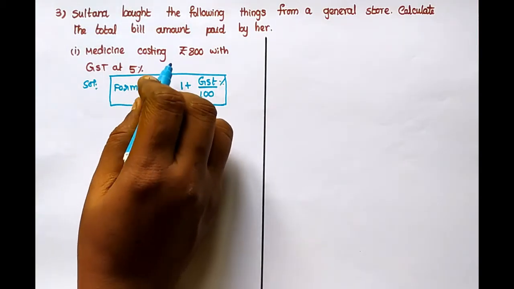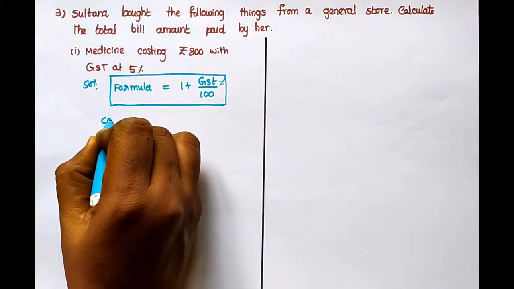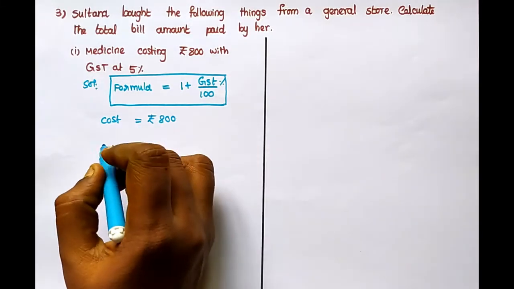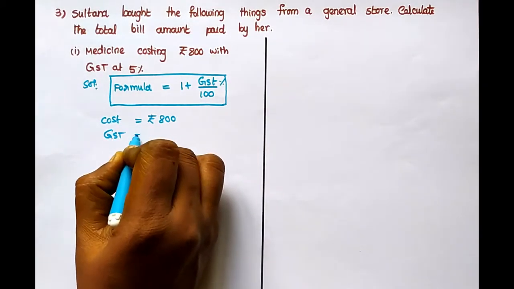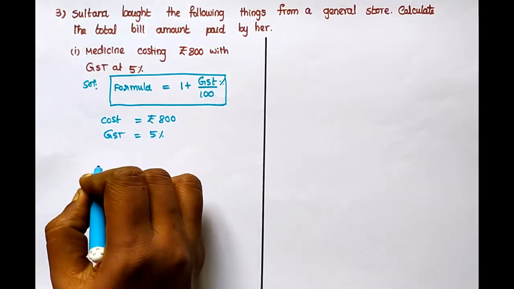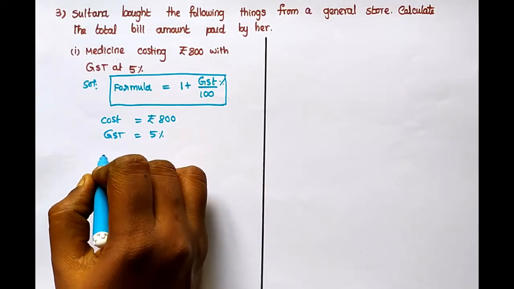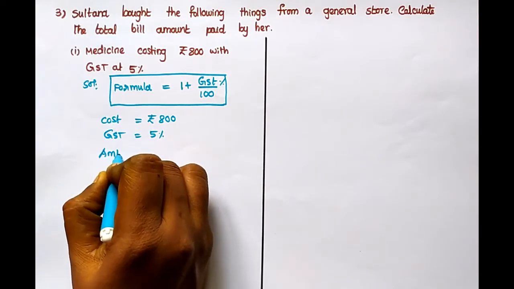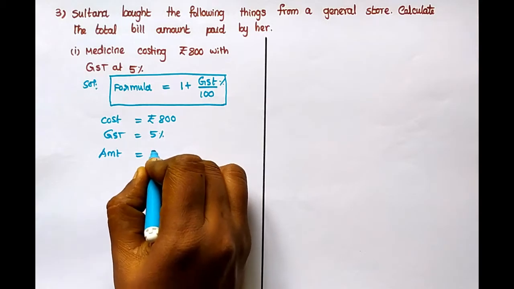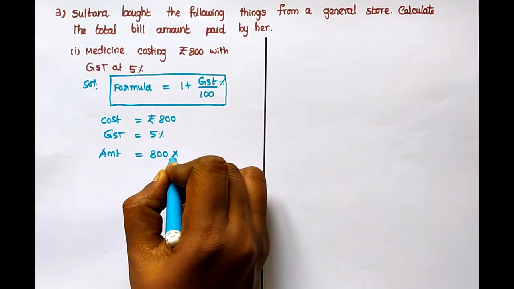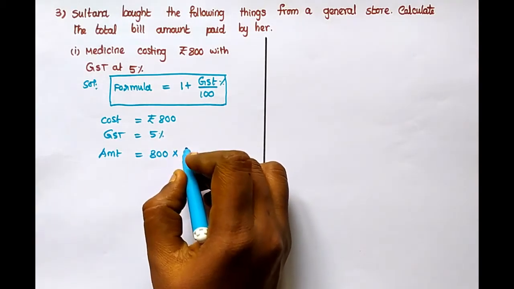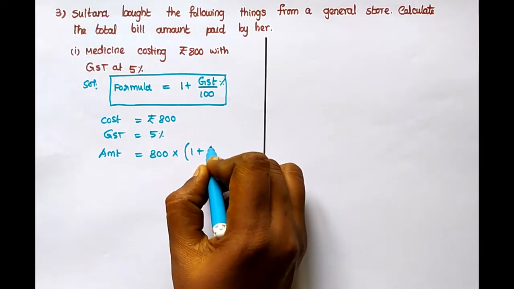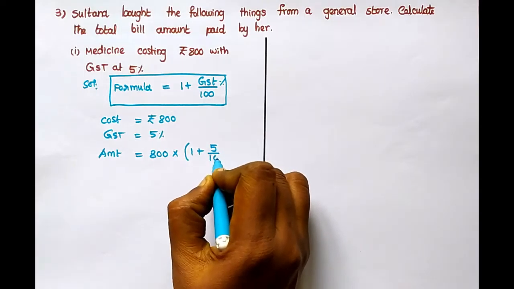So now they given cost equal to rupees 800 and GST 5%. Applying the formula, amount equal to 800 into 1 plus here 5%, so 5 by 100.